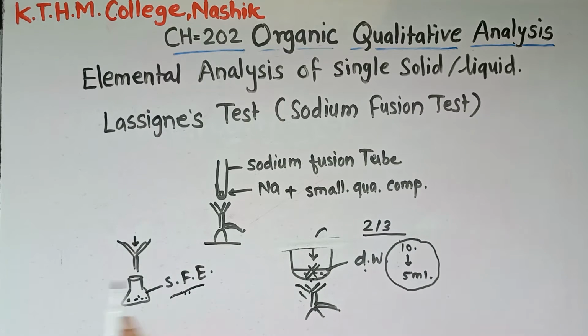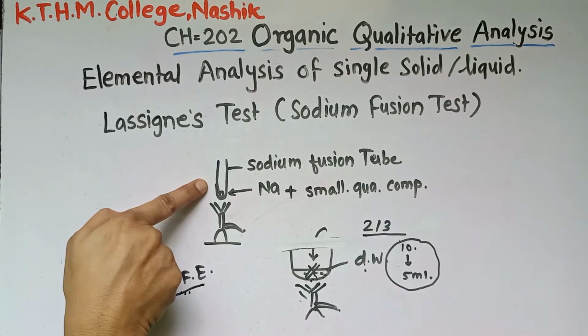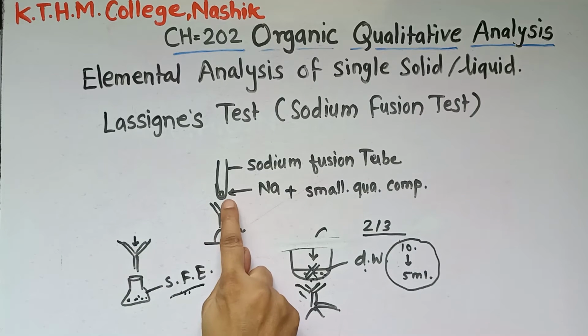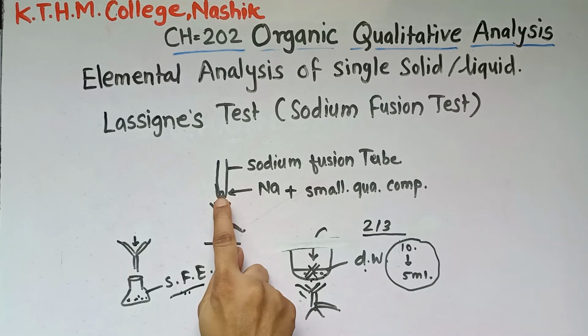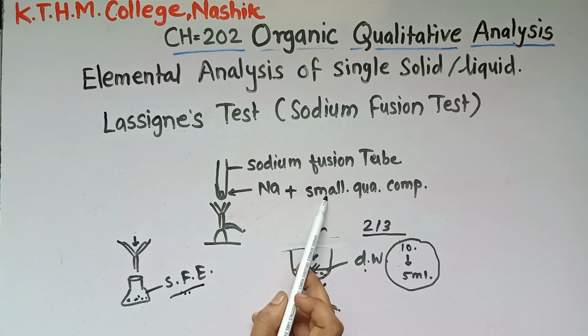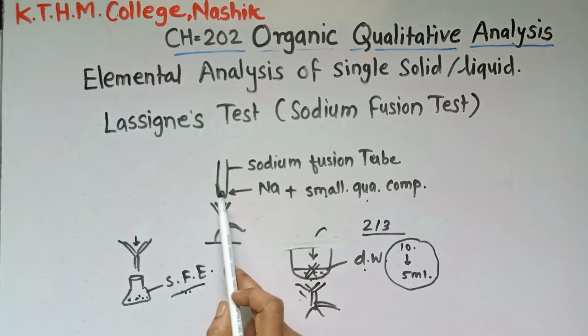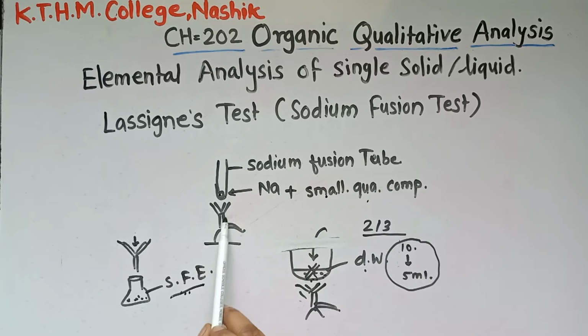It is clear. This is the sodium fusion test. Very simple. We take a small sodium fusion tube, place a sodium metal in it, and heat that tube on the burner. The sodium gets fused and converts into a silver color ball, and we add a small quantity of compound and heat it up to redness. Once it is red, we immediately put that red hot tube into the distilled water in the crucible.